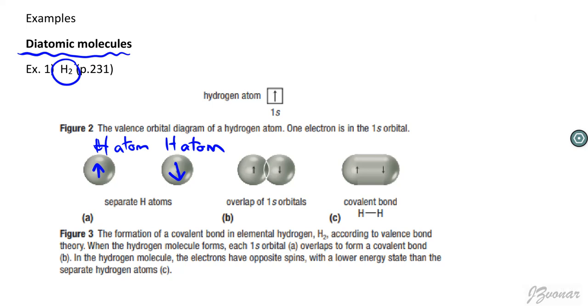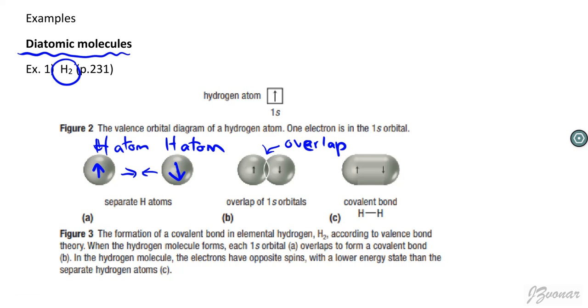As these two atoms approach each other, their orbitals are going to overlap, as you can see in this diagram here. Okay, so they overlap, and this overlap is where the covalent bond is formed.